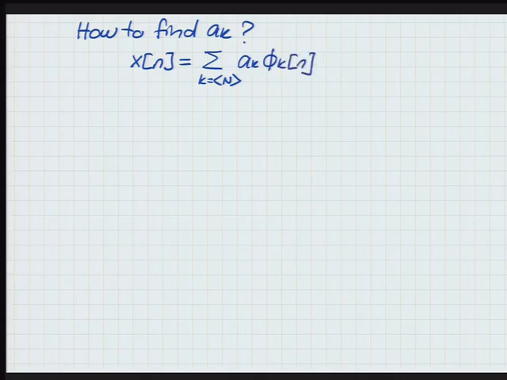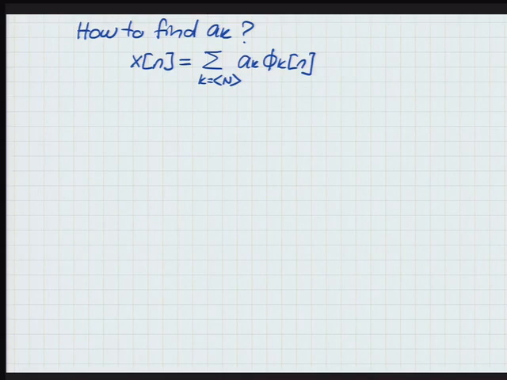So I need to be able to single out these coefficients. In this expression, there are N of these a's. I want to find a way to get rid of N minus one of them, so only one of them remains alive. How do I do that?